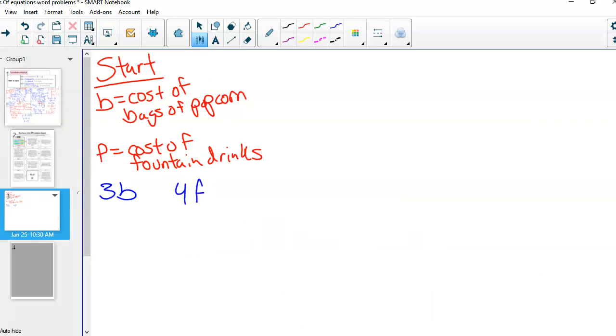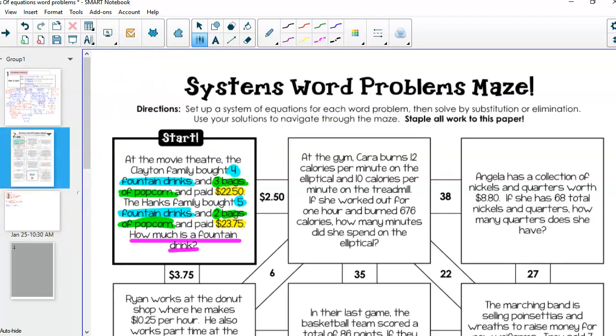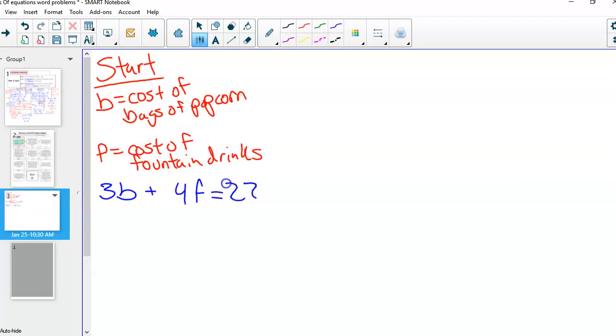We're going to add them because we're really looking at the total cost. And that's going to equal that total cost of $22.50. So if you don't have your calculator, you need it.